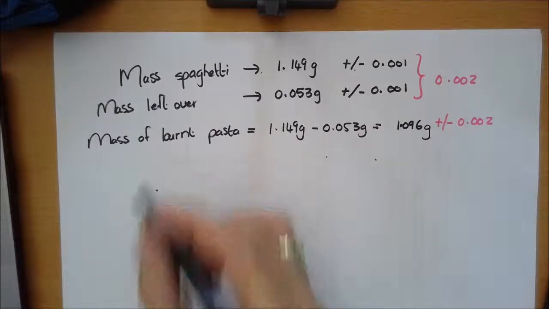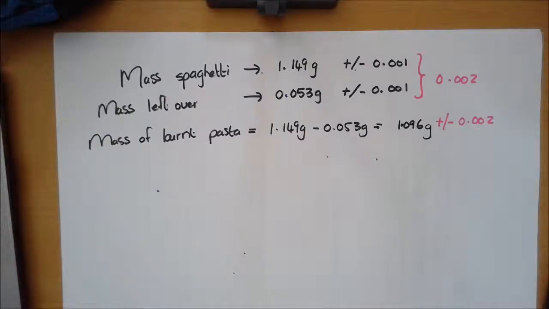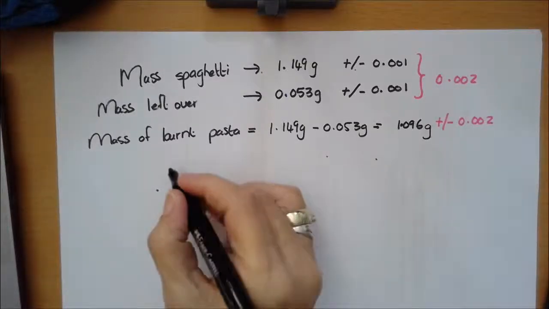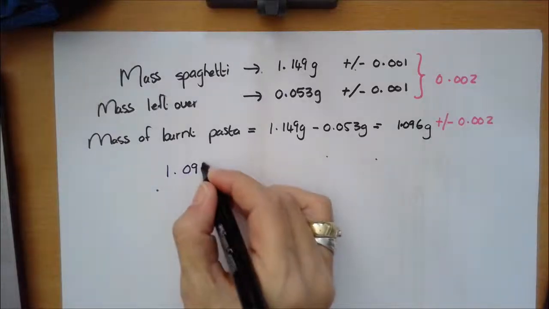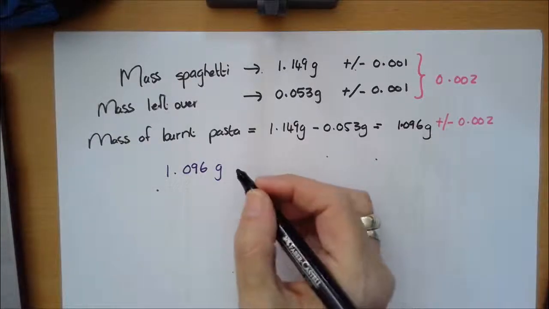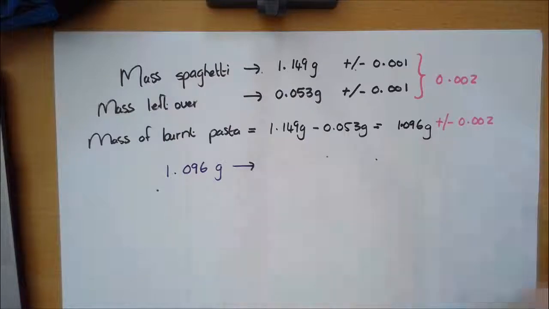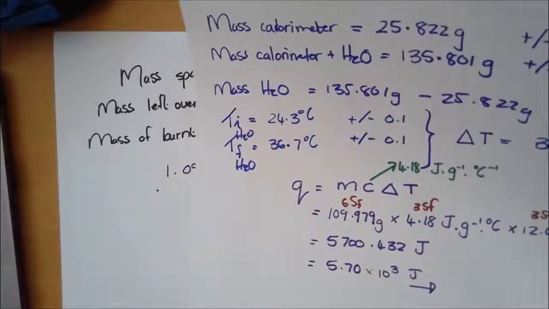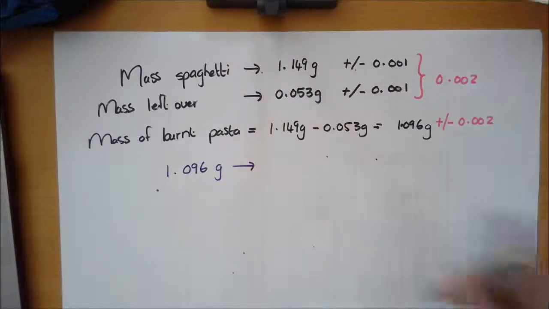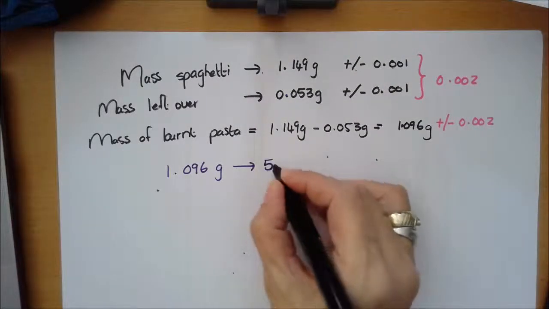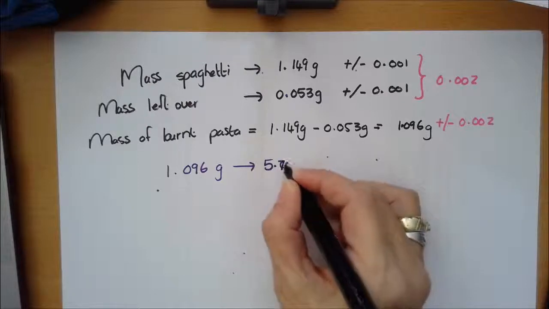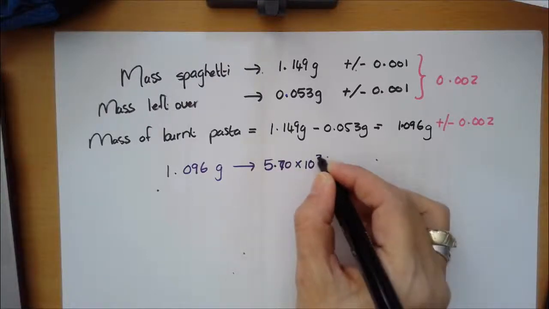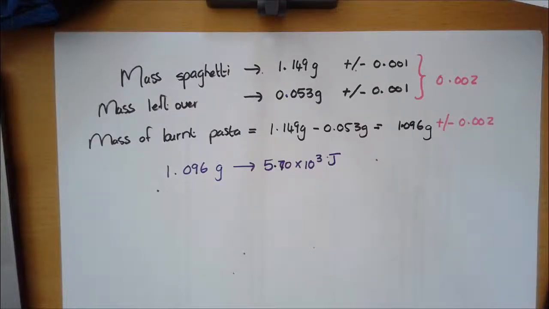So I've determined that 1.096 grams of pasta is going to produce, according to my calculation here, 5.70 times 10 to the power of 3 joules of energy.